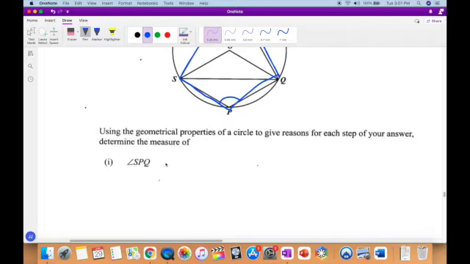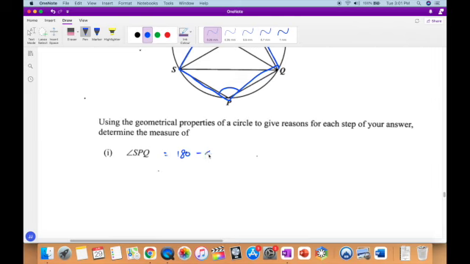So that means that that is equal to 180 minus 58, which is 122 degrees, because opposite angles of a cyclic quadrilateral are supplementary.